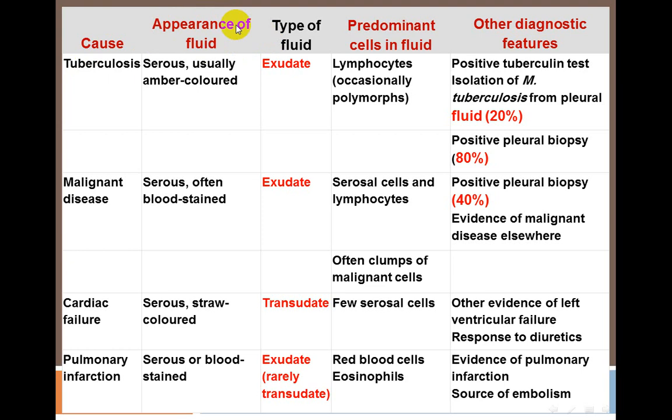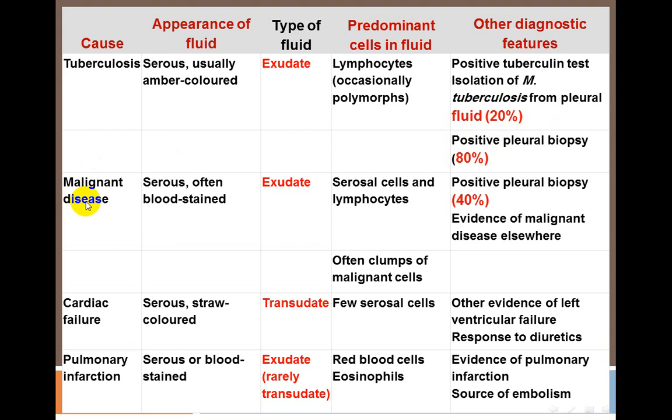The appearance of the fluid is serous, usually amber colored, and the type of the fluid is exudate, with predominant lymphocytes. Isolation of Mycobacterium tuberculosis from the pleura is about 20%, and positive pleural biopsy is about 80%.